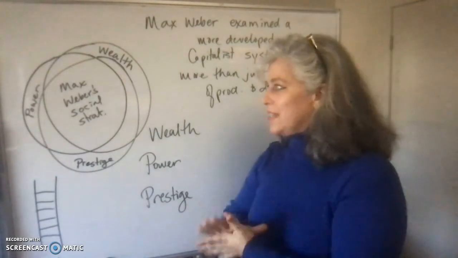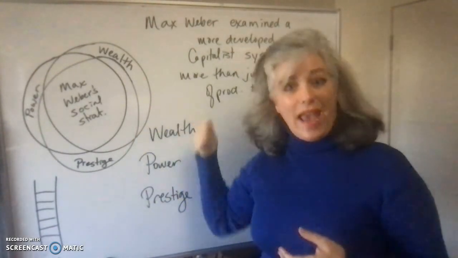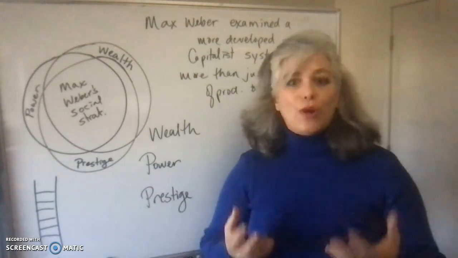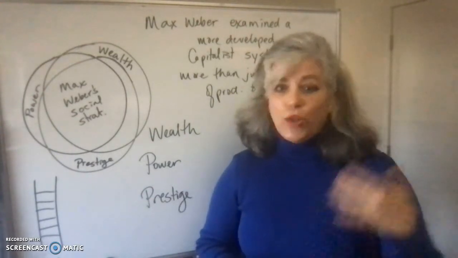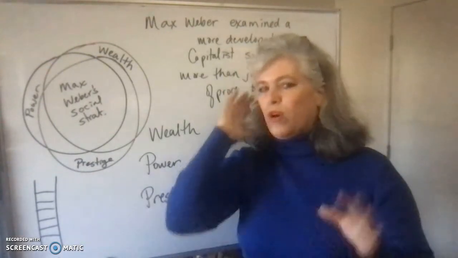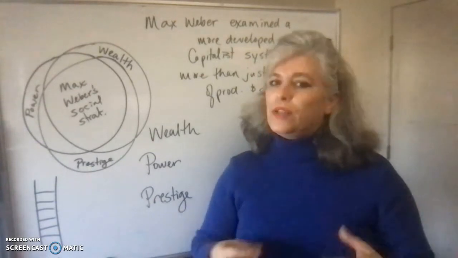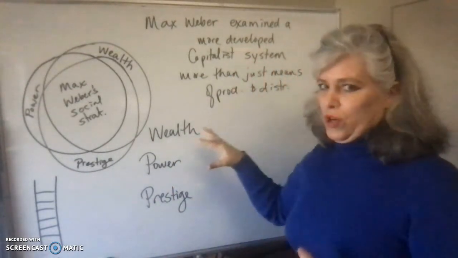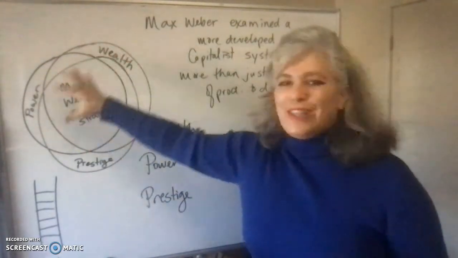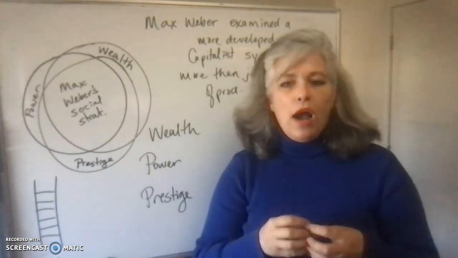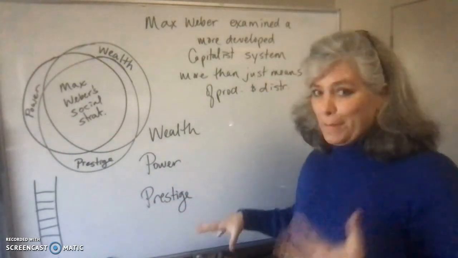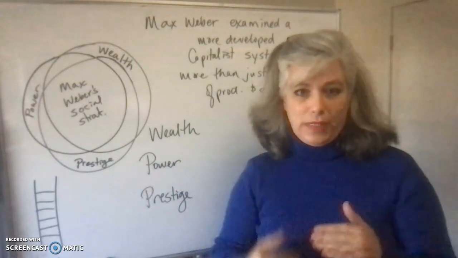These three achieved statuses are combined in Max Weber's classical theory to create socioeconomic statuses. And you will read in your textbook, I've drawn a tiny ladder down here because really the ladder metaphor is much less valuable, much less useful in Max Weber's description. Some kind of pie chart or concentric circle model is a better picture or visual for the way he said these things are combined to create different social positions.